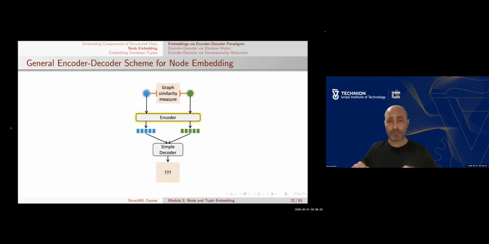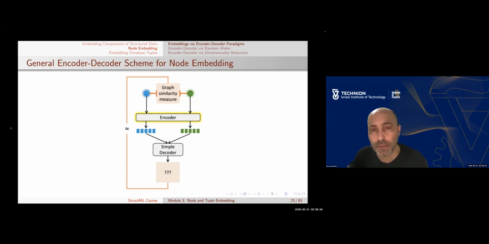We take these representations and apply some decoder and reconstruct the similarity. We produce a number which we want to be close to the original similarity measure. It's important that this is a simple decoder. We do not want this embedding to be too sophisticated and essentially leak the information that you have originally in the graph.